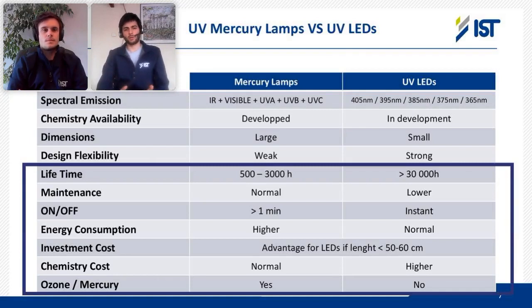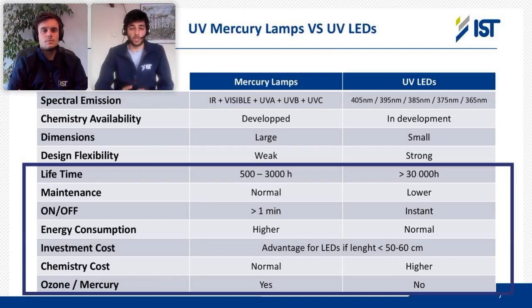UV LEDs are less expensive for a narrow system with a length under, let's say, 50 to 60 centimeter. Then for a longer length, they are more expensive than mercury lamps. Normally, if you double the size of the UV LED system, you double the price approximately.